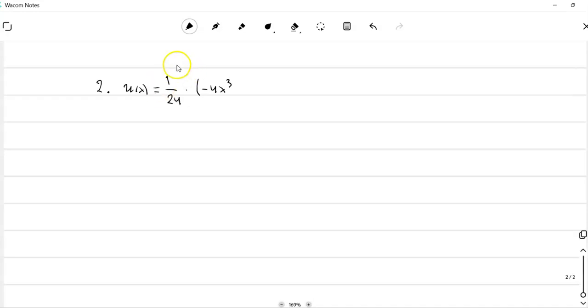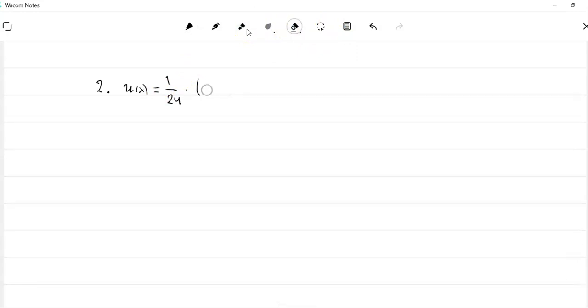Sorry, not this. I apologize for that. So this is minus x to the power of 4 plus 2x cubed minus x squared. This is my function.